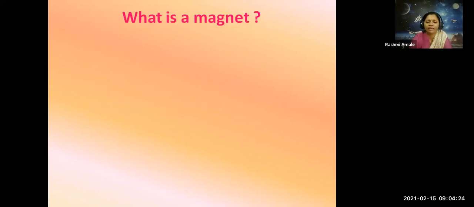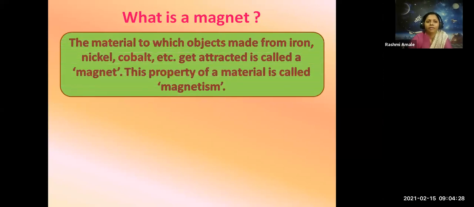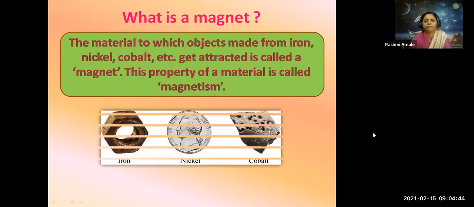So what is a magnet? Basically, what do you mean by a magnet? The material to which objects made from iron, nickel, cobalt, etc. get attracted is called a magnet. This property of a material is called magnetism.